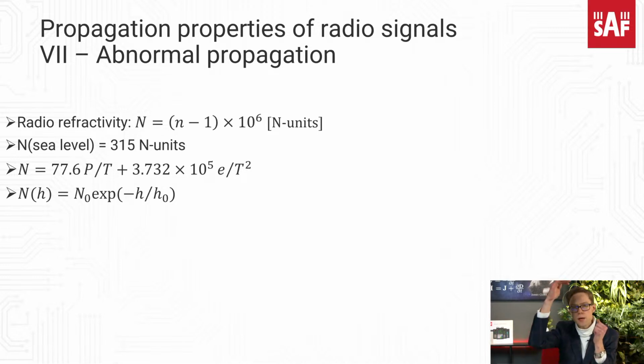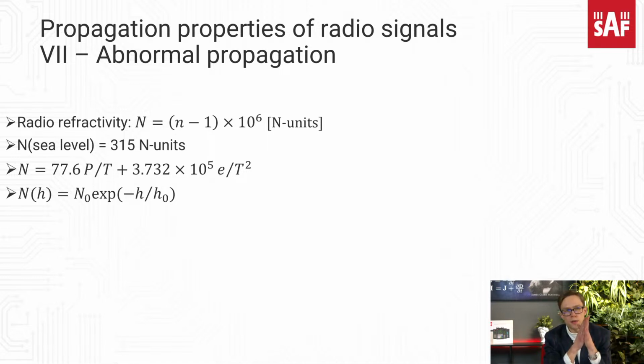The upper part of the wavefront travels faster or slower, and thus the trajectory is going to change. It's going to bend upwards, it's going to bend downwards, etc. So we're interested more in this N as a function of h, or the function of altitude.